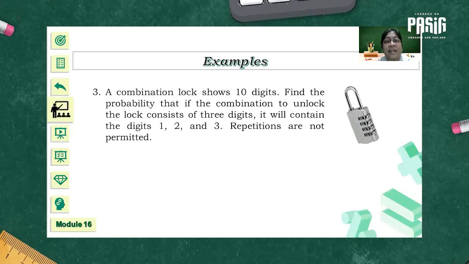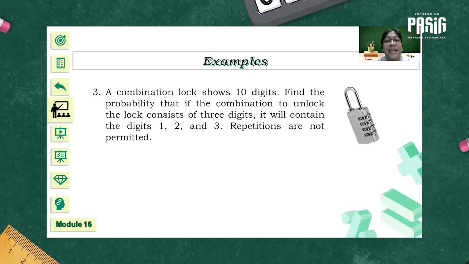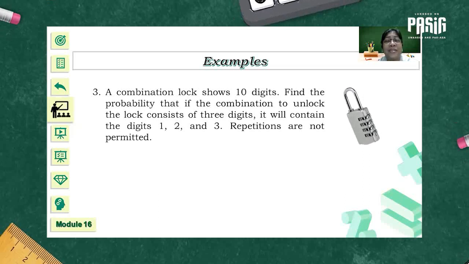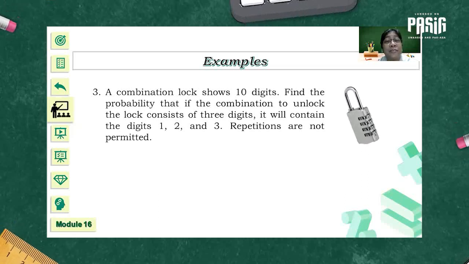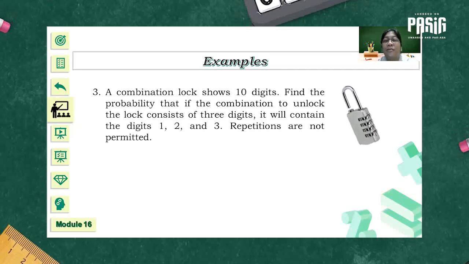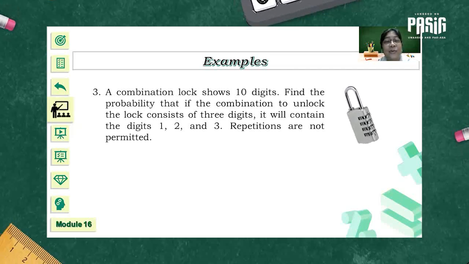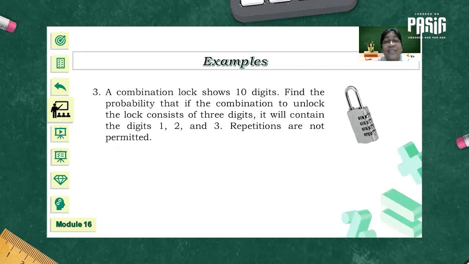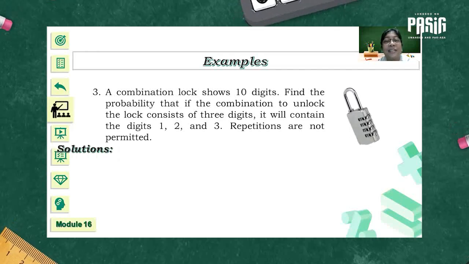That is actually a permutation. Why is that? Because order matters. You need to put the first code first, followed by the second code, and then the third code. Order matters. That's why we'll use permutation.